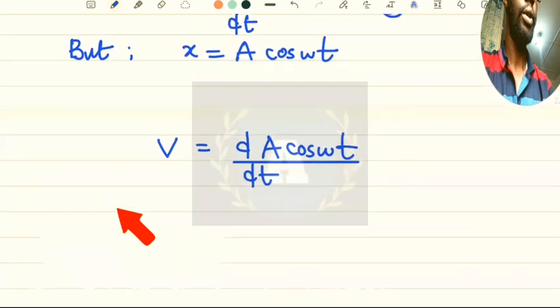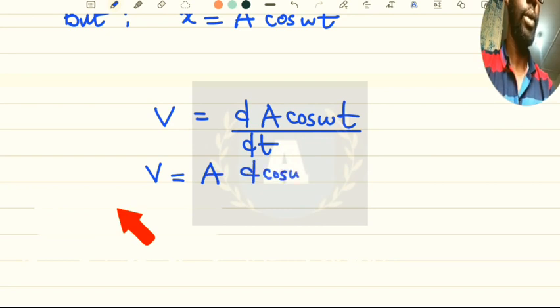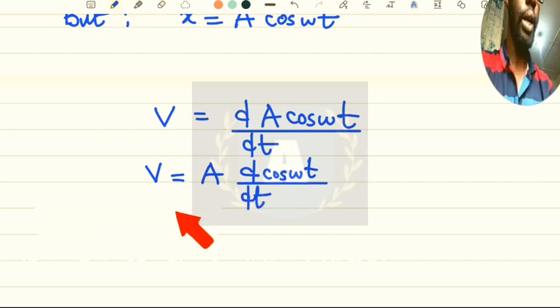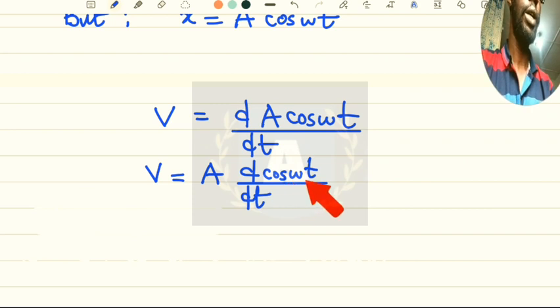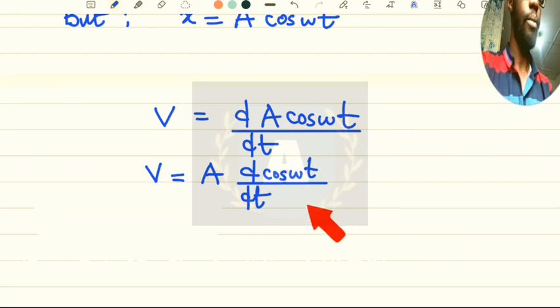So we rewrite that as velocity is equal to A d(cos omega t) over dt. Now when we differentiate cos theta, mathematically we have minus sine theta.